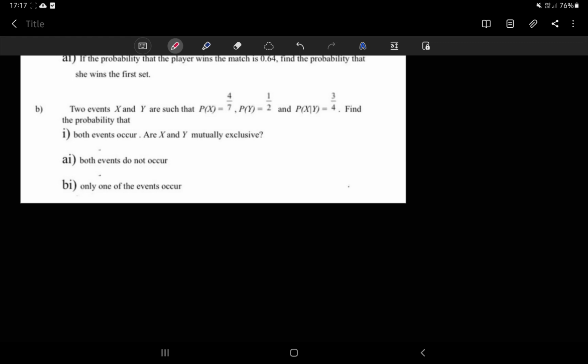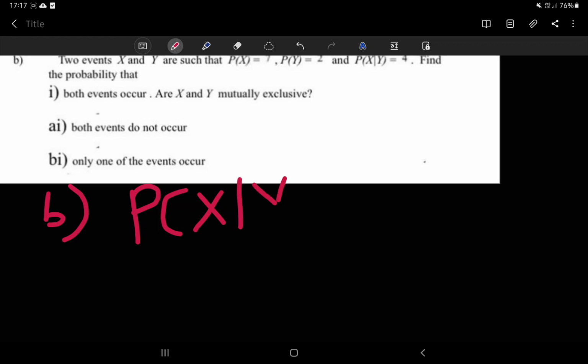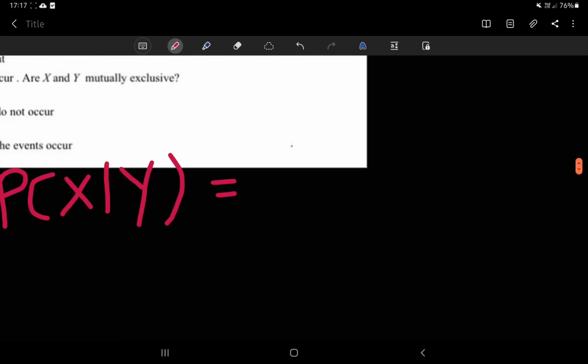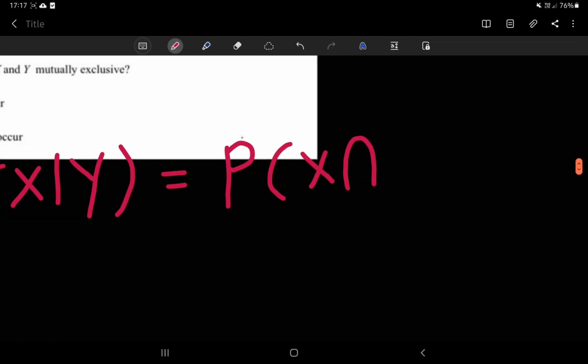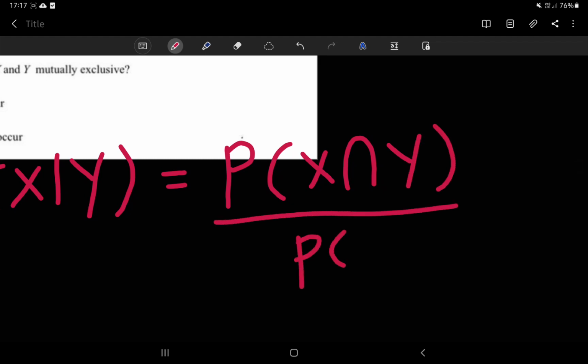Find the probability that. So you need to know that the formula for conditional probability, or the Bayes theorem, is P(X given Y) is P(X intersection Y) divided by P(Y).